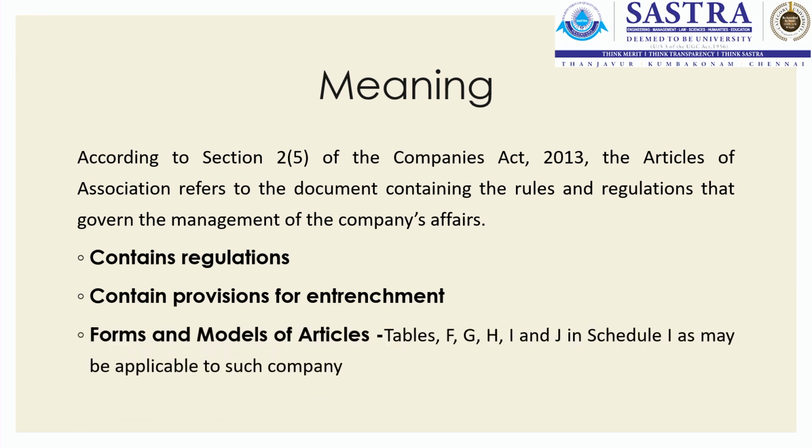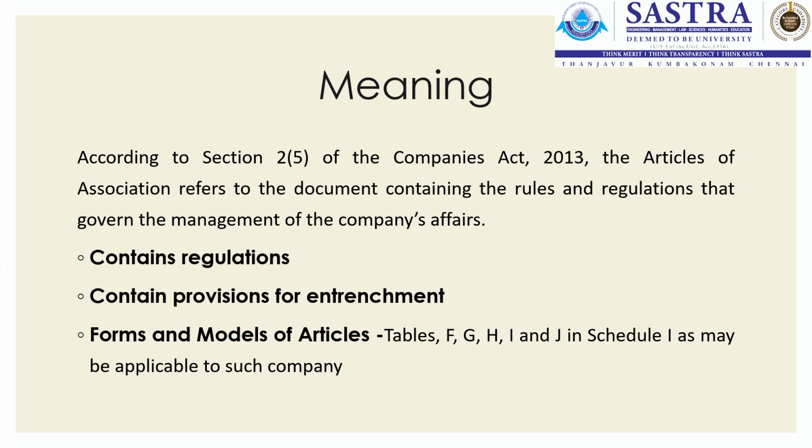Next, let's look at the different models of articles which different companies can follow. Actually, the Companies Act 2013 has different tables which can be followed by different types of companies. For instance, Table F is the model of articles which a company limited by shares can follow. Table G can be followed by a company limited by guarantee without having share capital.